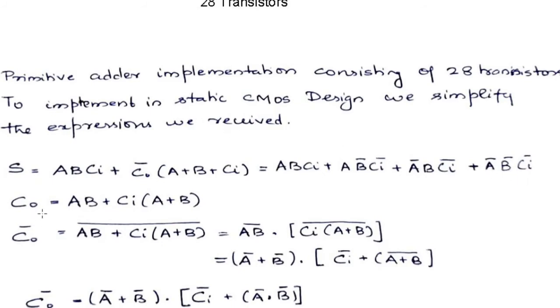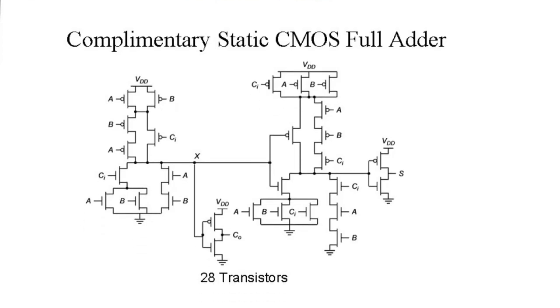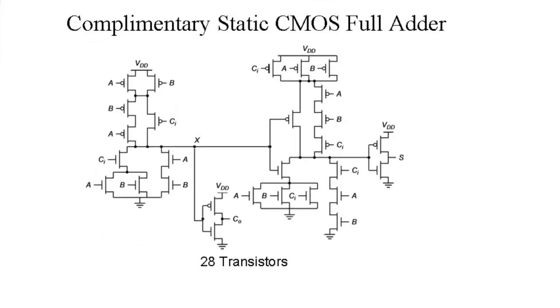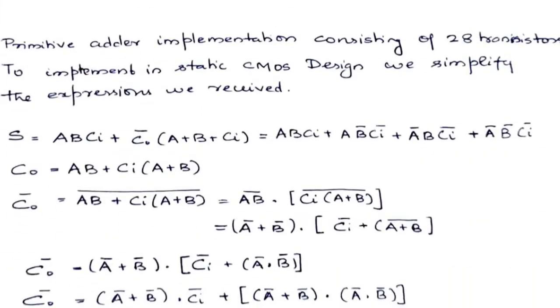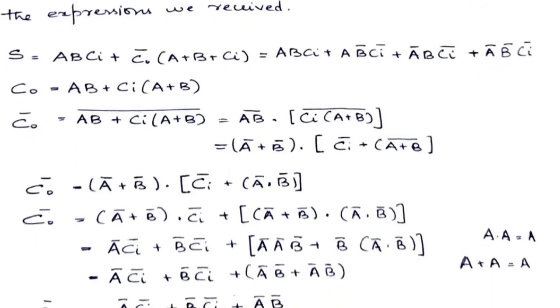And the carry expression of C0 is AB plus ACI plus BCI, which can also be written as AB plus CI, and when we take it out, we get A plus B. Since in CMOS implementation we take the inverse and implement it, it is easier for us to find C0 bar and implement it. That is why we are taking C0 bar. C0 bar is carry out bar, and we get its expression by simplifying the expression using different Boolean functions.